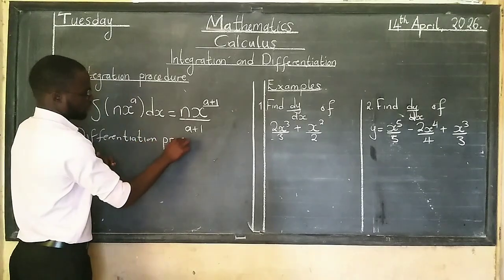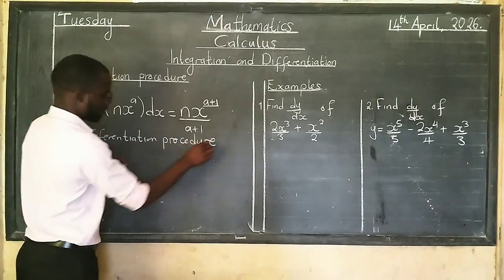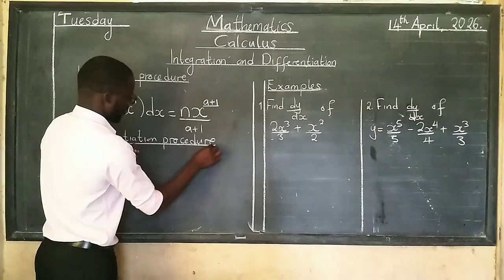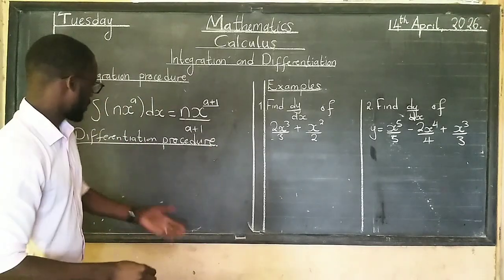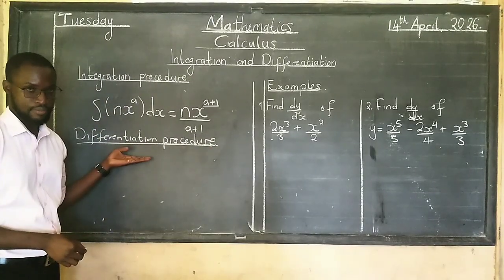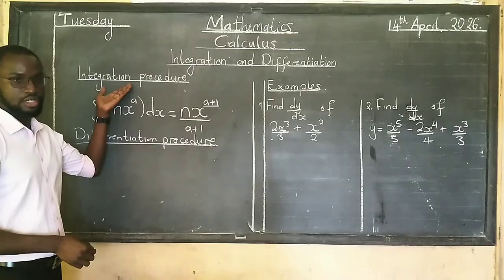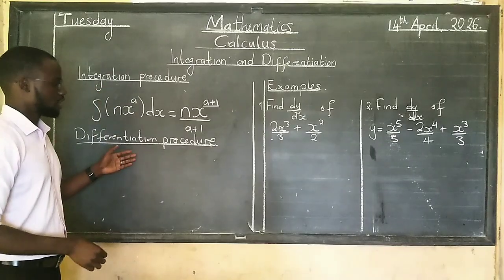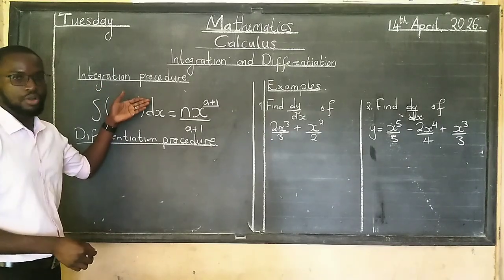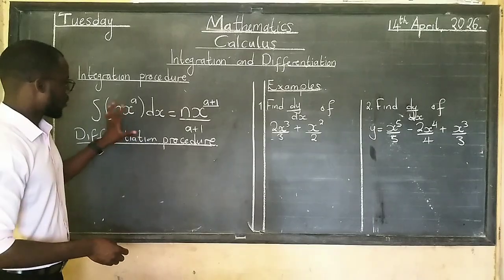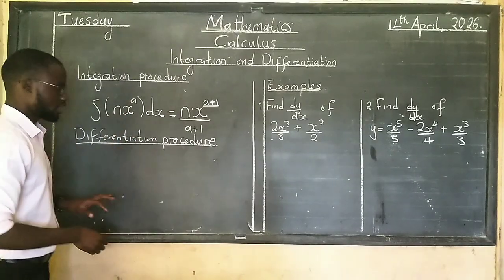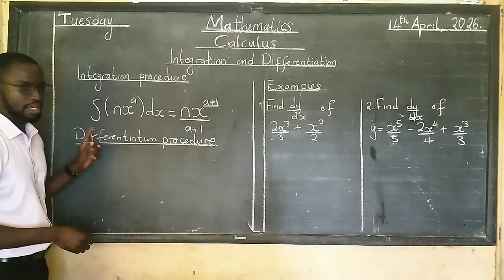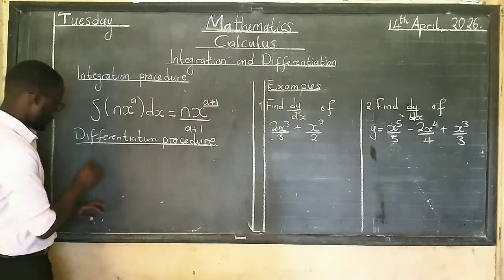And this is useful because, for me, there were times I could forget how to differentiate. Now, since I knew how to integrate, I could work out the differentiation procedure from this one, because it's just the opposite. So, for differentiation, instead of putting this integral sign, they do this.